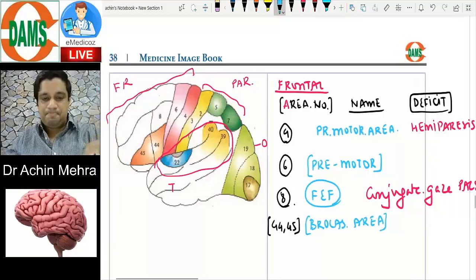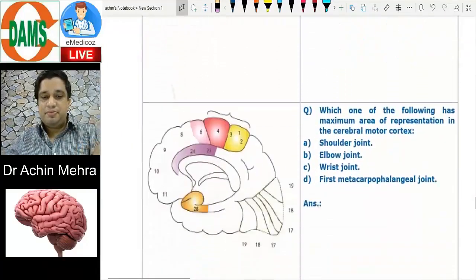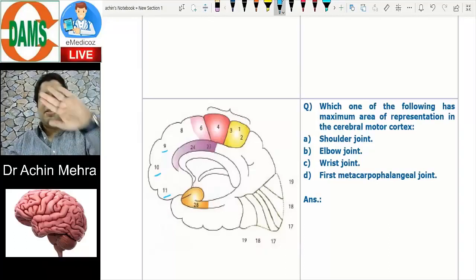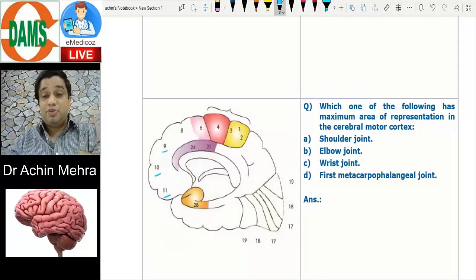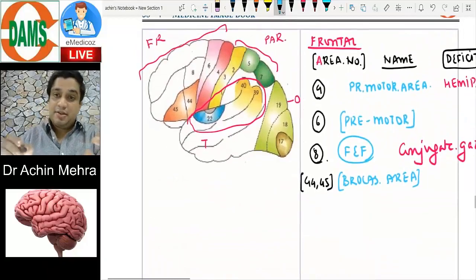Right. Now if I try to look into the medial side, there's area number 9, 10 and 11. This lies in the frontal lobe in the interior part. Any ideas on this? It could be a prefrontal area. Yes.